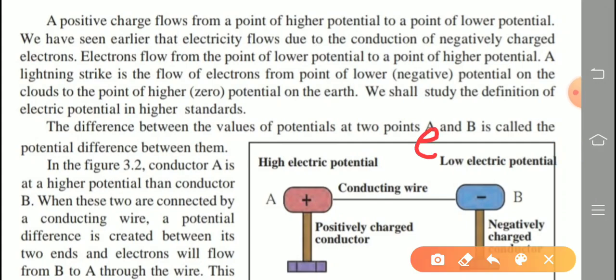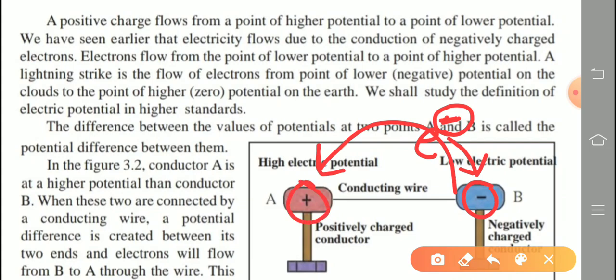Because electrons have negative charge, so these negatively charged electrons would move towards the negative terminal, low electric potential. According to the law of static electricity, what happens between these two negative charges? Repulsion takes place, and that's why electrons do not flow in this way, but flow from negative to positive. So negatively charged electrons easily flow to the positive terminal. All of you getting? Yes. Next.